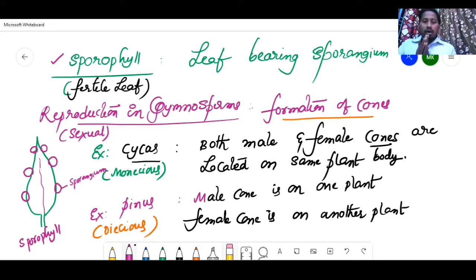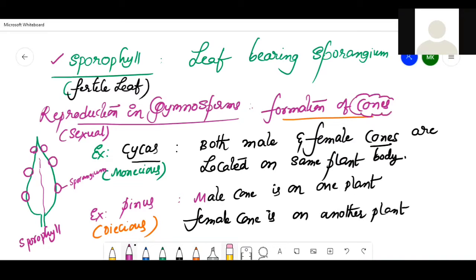Then, Rachana, have you understood what is meant by cone? I will tell you because I haven't explained about cone. If you understood sporophyll, cone is very simple.